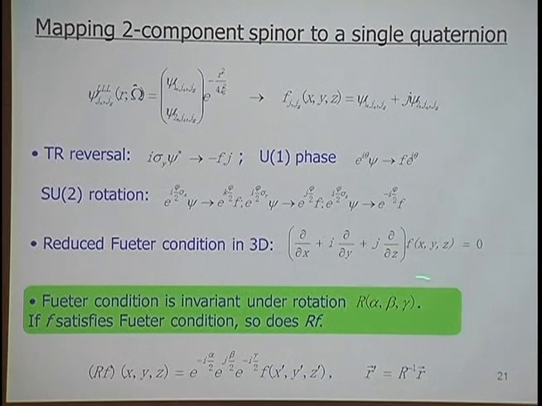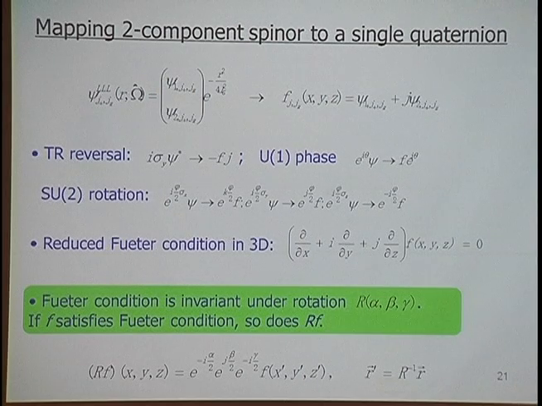And then almost all these ordinary transformations, time reversal, U1, SU2 rotation, can be greatly simplified as multiplication by some quaternion phase. In our system the wave function is quaternion valued. In 3 dimensions, it only depends on x, y, z. So for the Fueter condition, we only need to keep the first 3 terms.